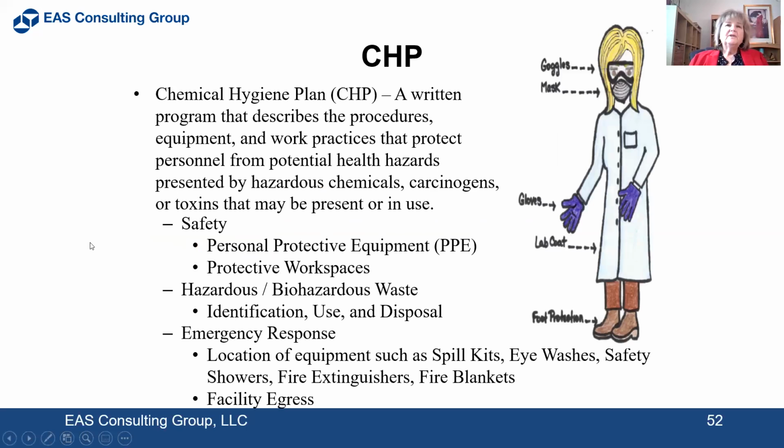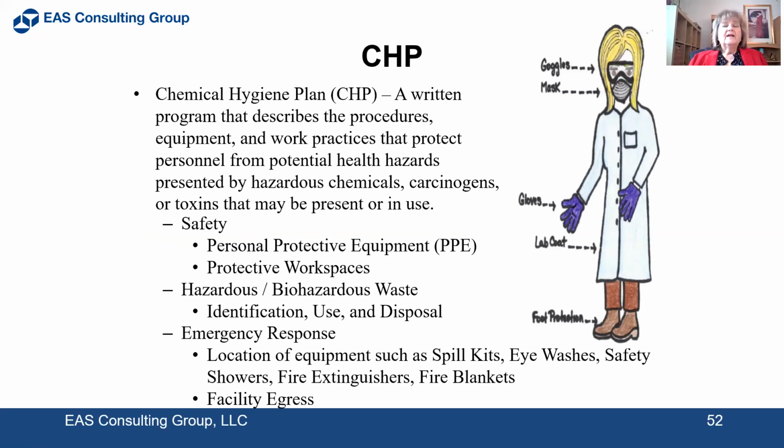Your chemical hygiene plan would be a written program that describes the procedures, equipment, and work practices that protect personnel from potential health hazards presented by hazardous chemicals, carcinogens, or toxins that may be present or in use. So for safety, you're going to have PPE for your employees. You're going to have protective workspaces such as a hood.